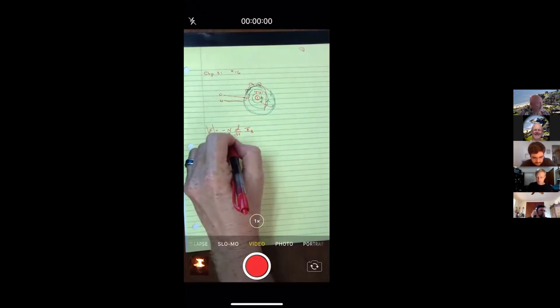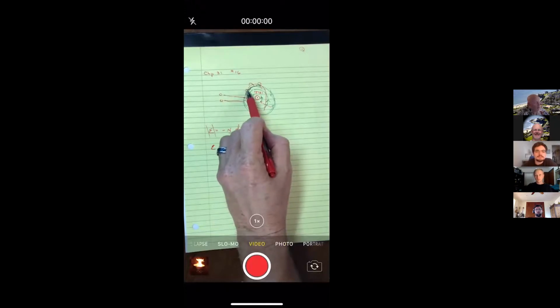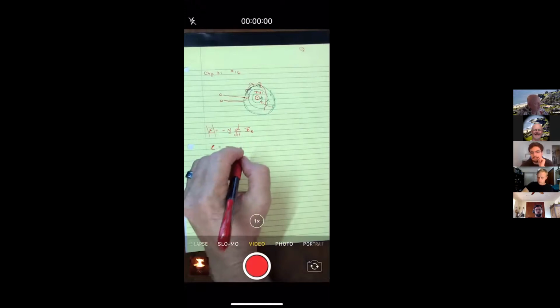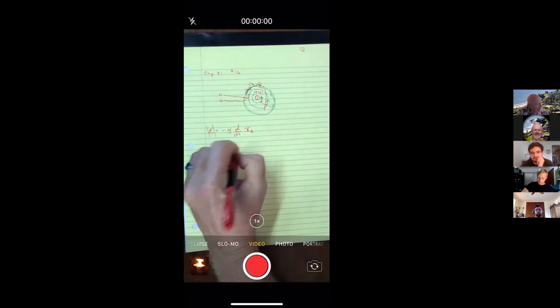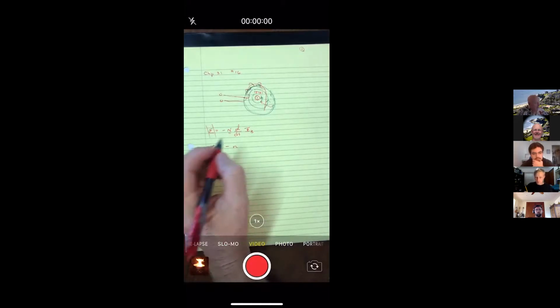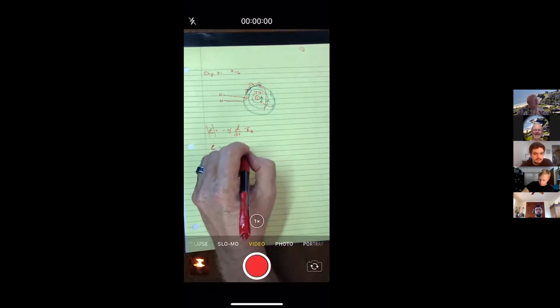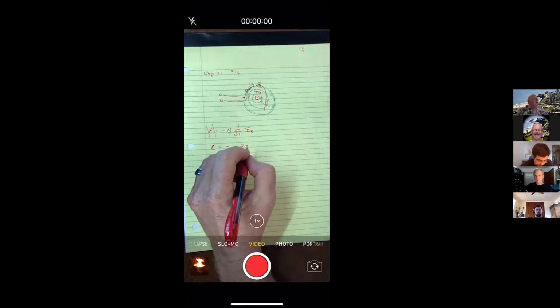But the N is the number of turns. And in my drawing, it looks like I've drawn 1, 2, 3, 4. But they said little n was the number of turns per length. So I would have to multiply that by 2 pi, I'm going to call it r.